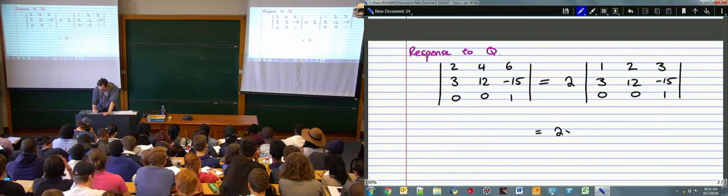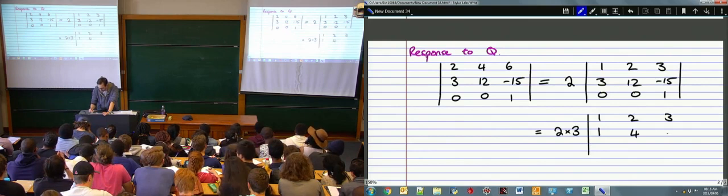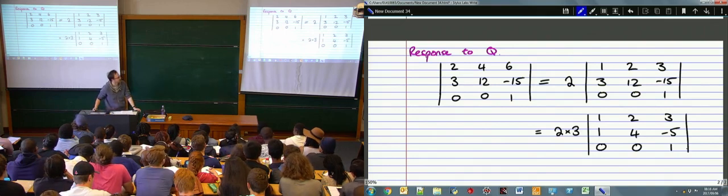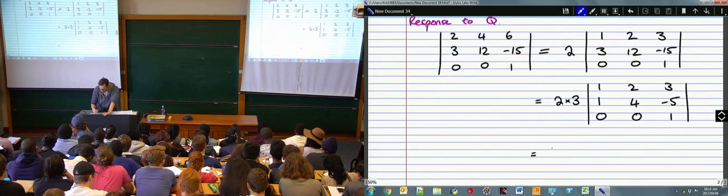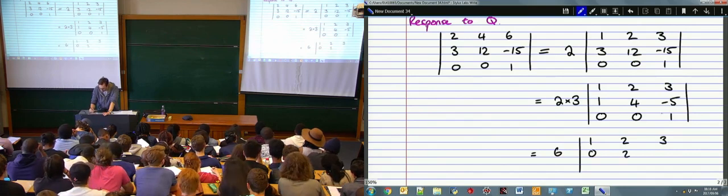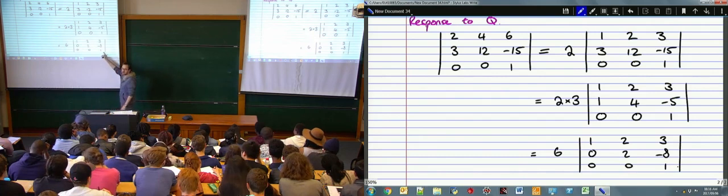So we'd have 2 times by 3, 1, 2, 3, 1, 4, minus 5, 0, 0, 1. Okay, and now we can do our Gauss reduction if we'd like. So this is 2 times by 3, that's 6. 1, 2, 3, 1 minus 1 is 0. 4 minus 2 is 2. Minus 5 minus 3 is minus 8. 0, 0, 1. And then this is upper triangular.